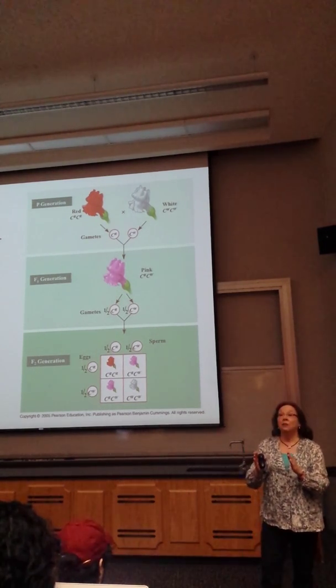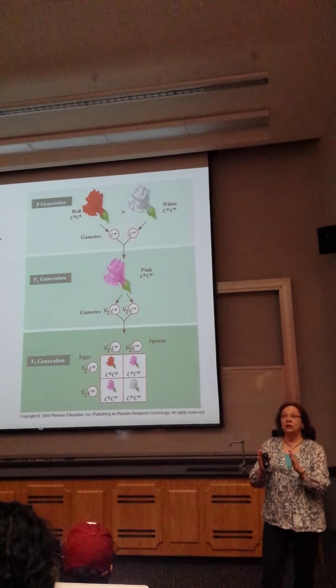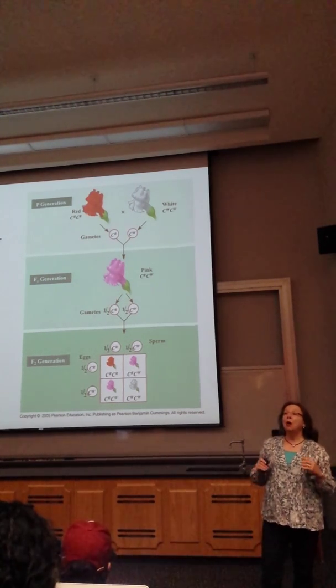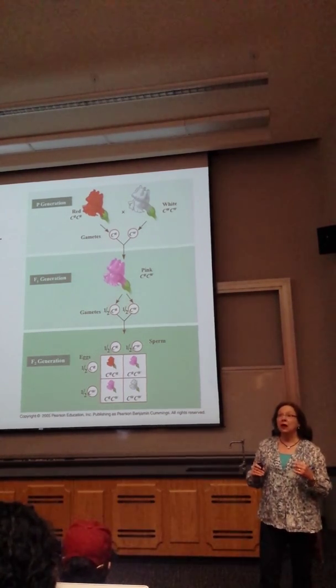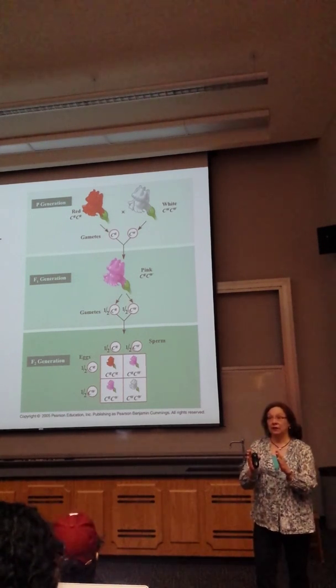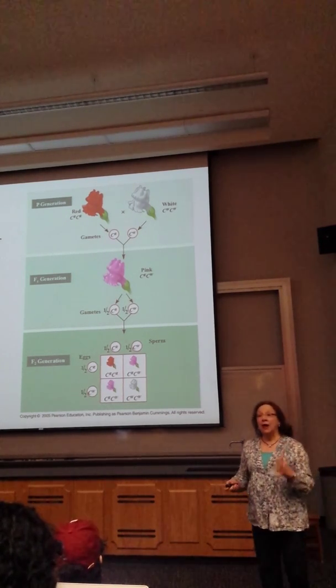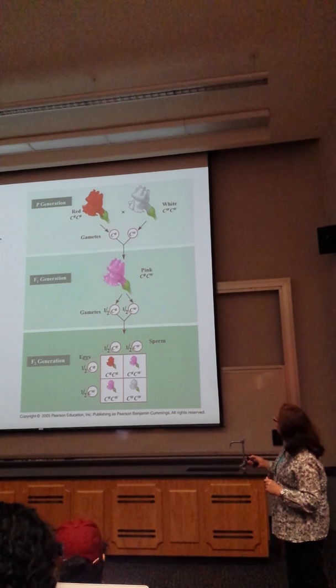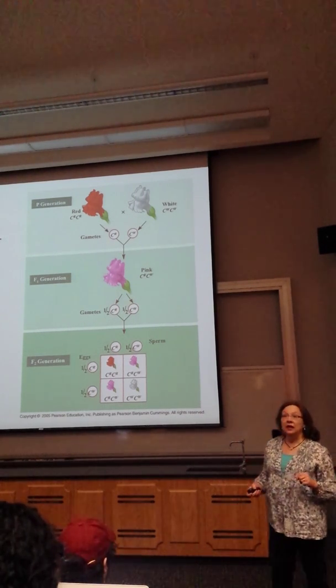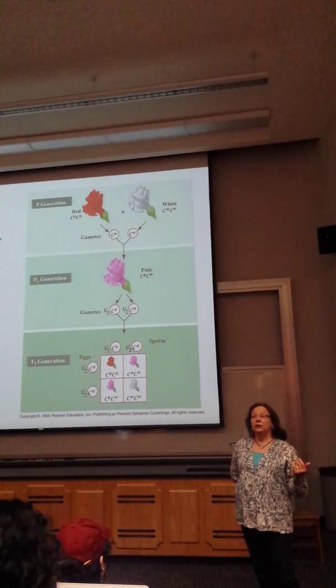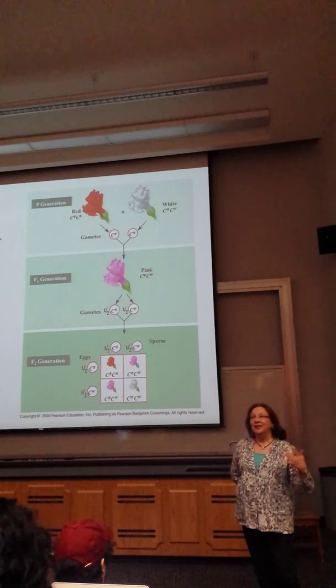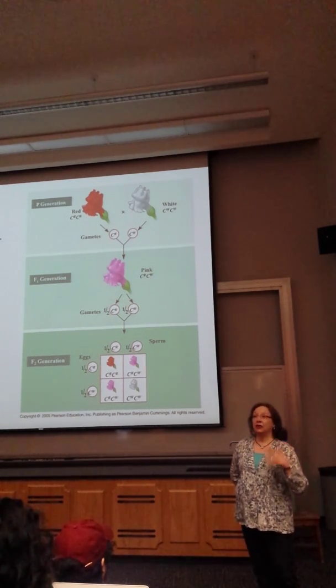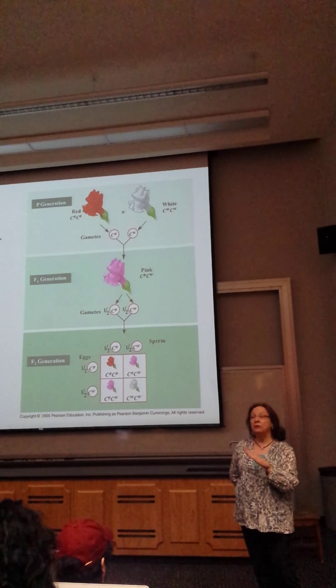Both alleles are being expressed. Both of them are producing protein products. So in effect, the concept of incomplete dominance is what I would call sort of inaccurate. It's an extreme inaccuracy.